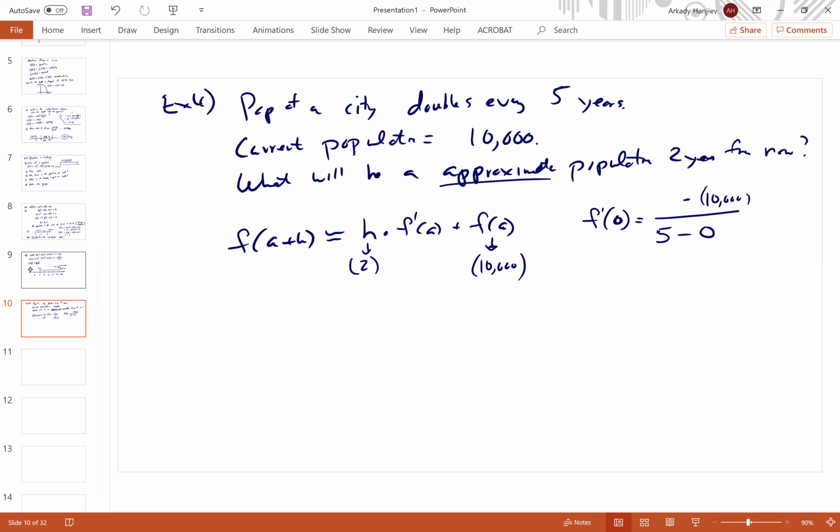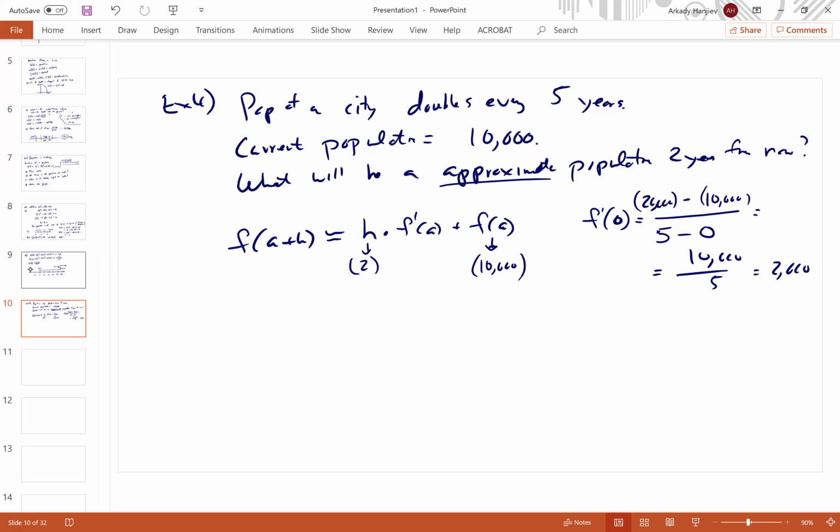And if it doubles, what's the double? Double is going to be 20,000 people. Is that right? That's what I have here. So 20 minus 10 is 10,000 divided by 5. And I'm looking at my approximate instantaneous value is 2,000 per year, right? Kind of like an average.